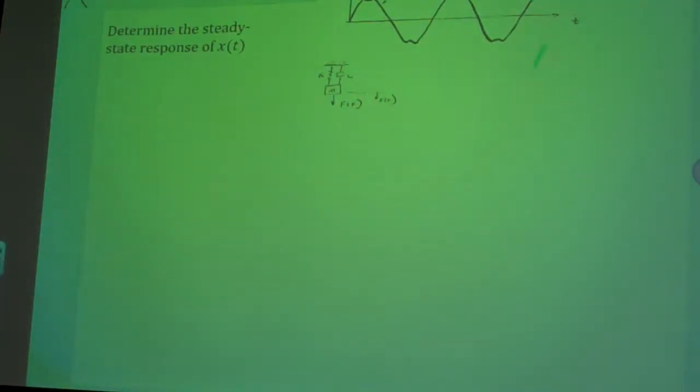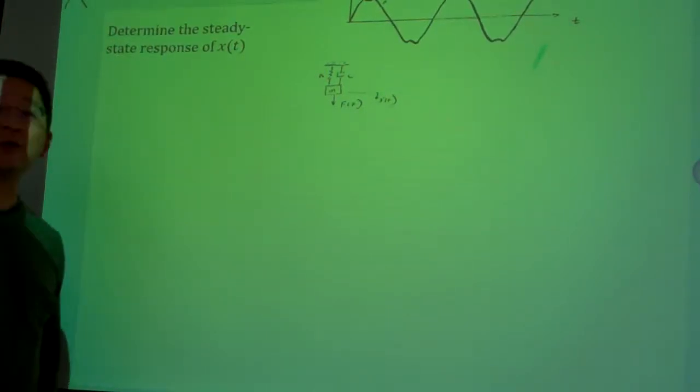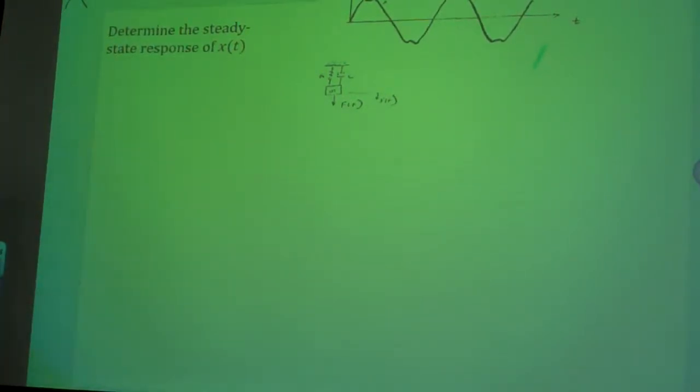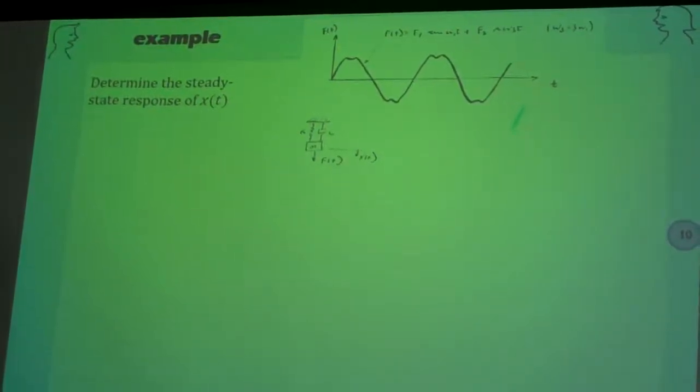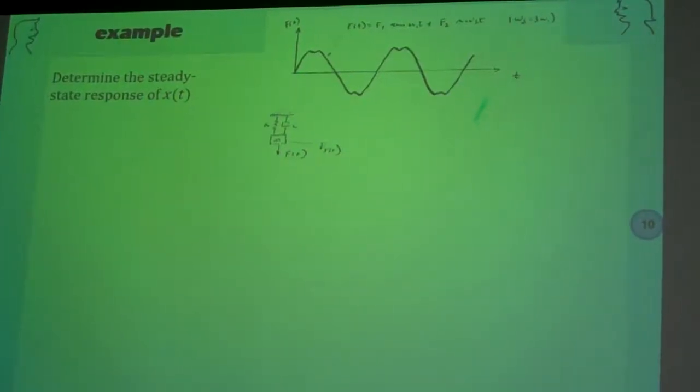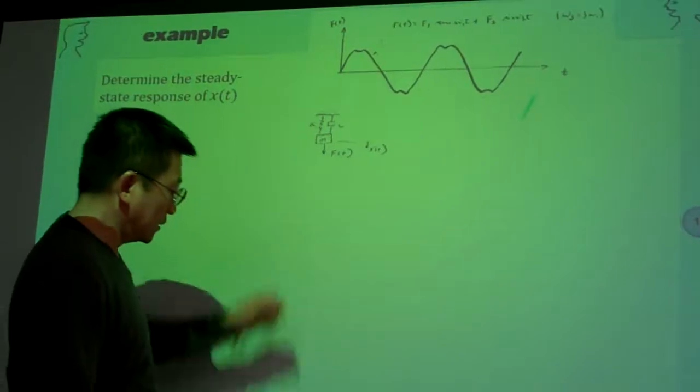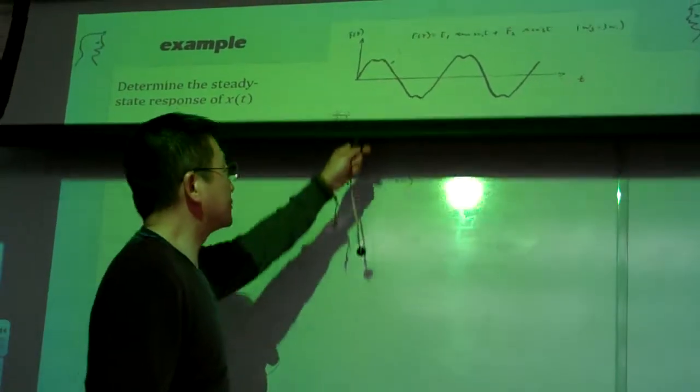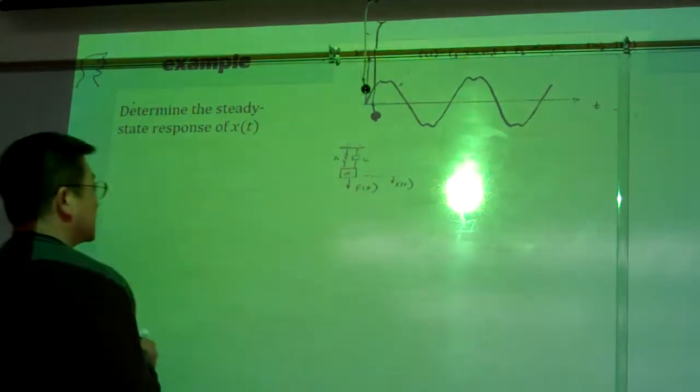Maybe we can take a look at a few examples, and I would say rehearse what we have learned. So for example, the system is like this, so let me rewrite.